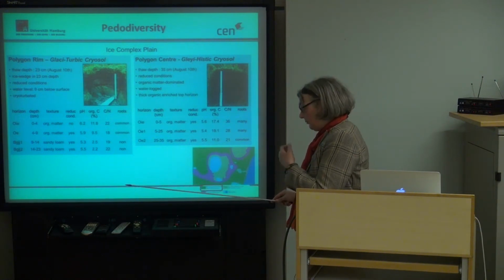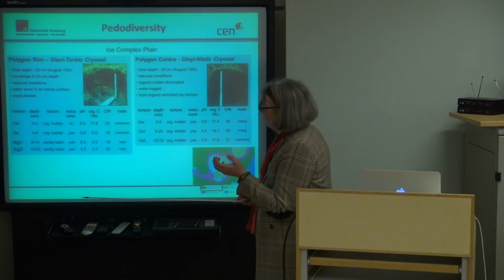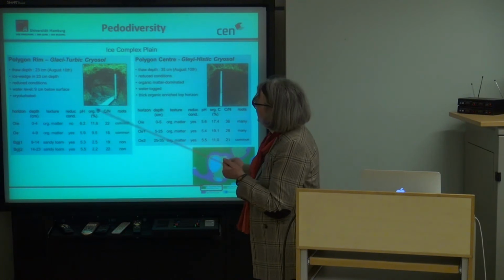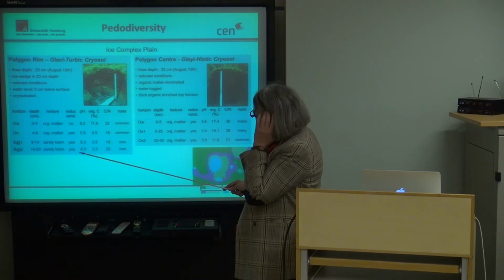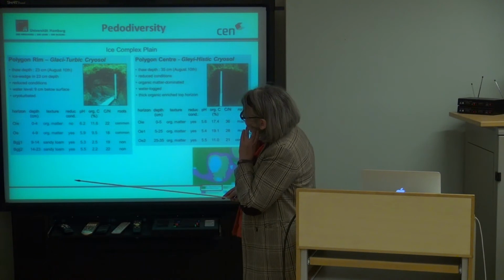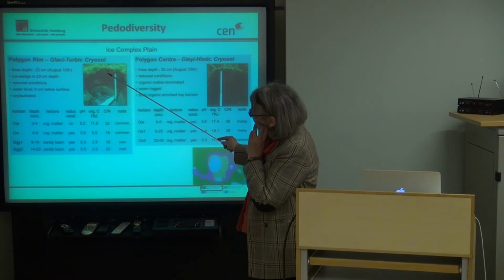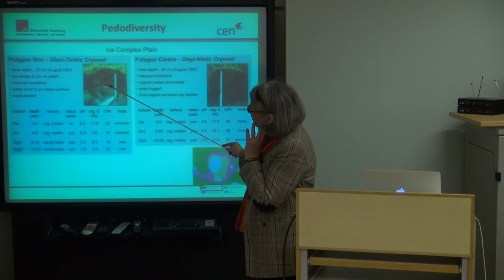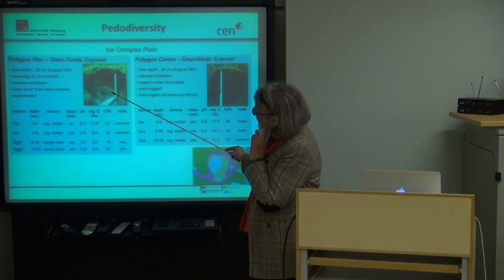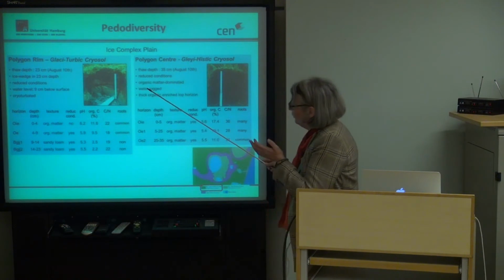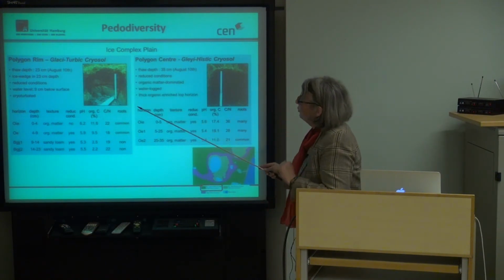No oxidized iron components, all the iron oxides are reduced, so we have a strong cryoturbation which mixed all these upper parts of the O layers directly into the B. You couldn't recognize a real upper A horizon.